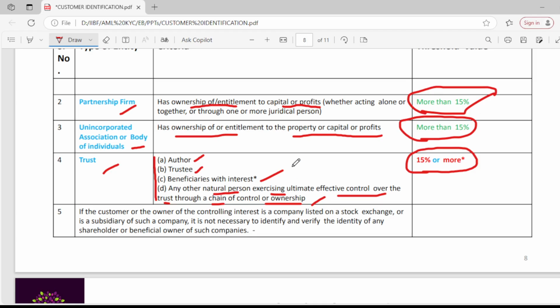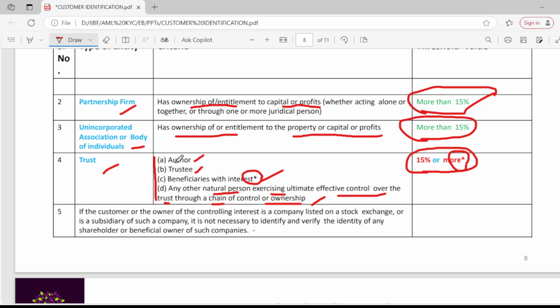You need to observe one thing. Only for the third category, an asterisk is given here. Here also asterisk is given. So this is applied to only this third category, because this person's ownership belongs to ownership in terms of benefits or income in the trust.